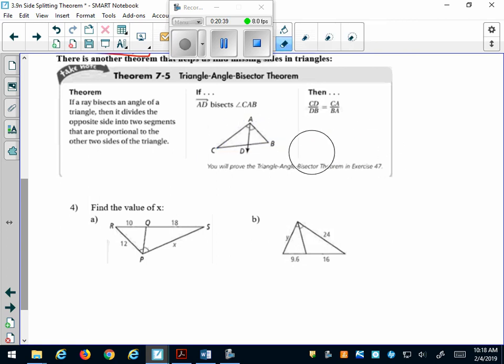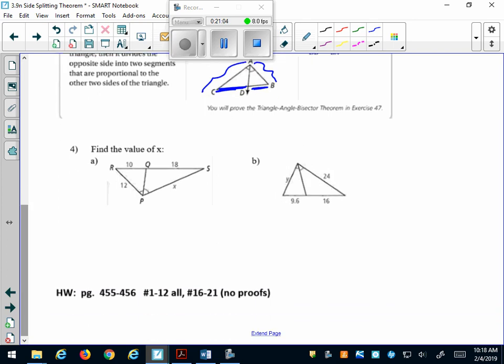So somebody figured out, I don't know who it was, that these sides and parts of the opposite side are proportional. CD is to AC as DB is to AB, and every combination of that. Now, I have a little trick for this one.